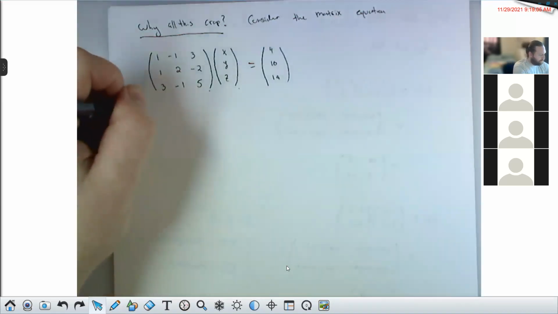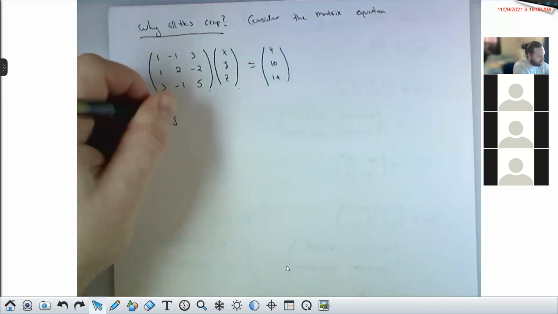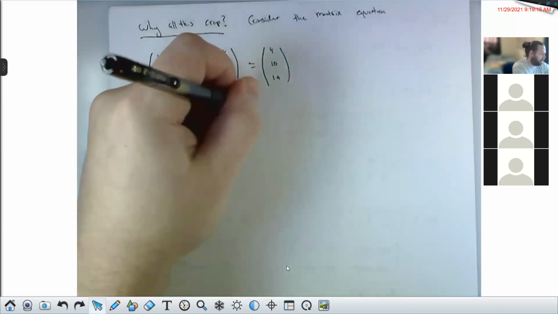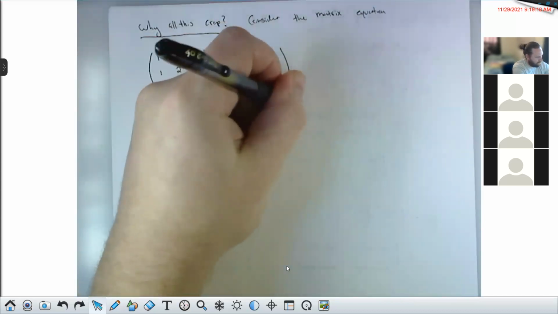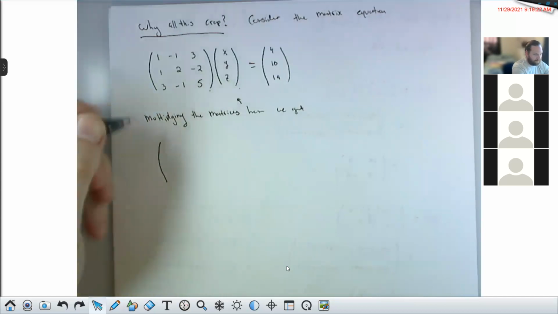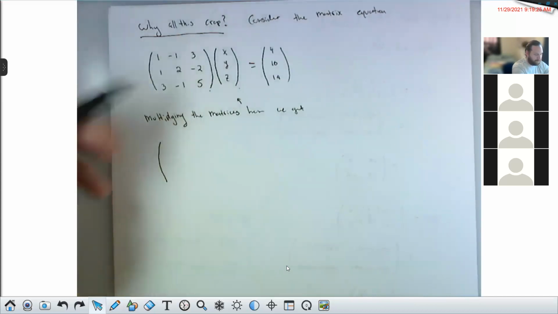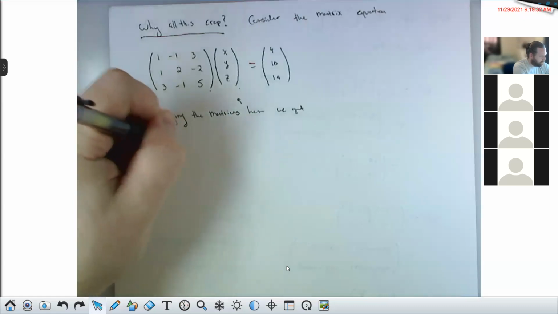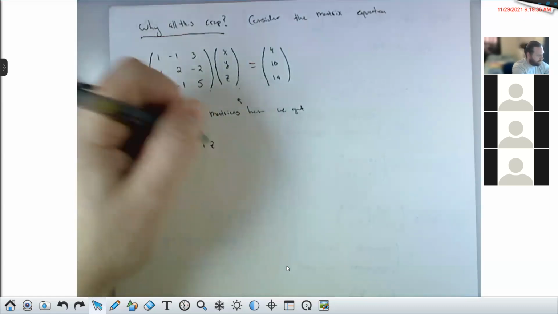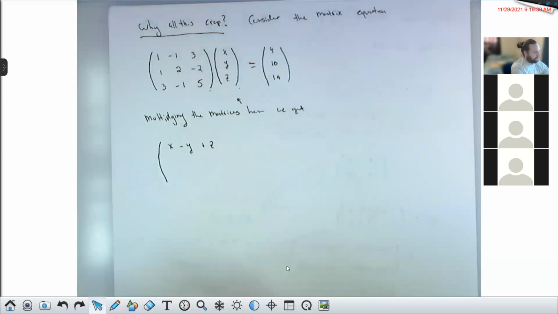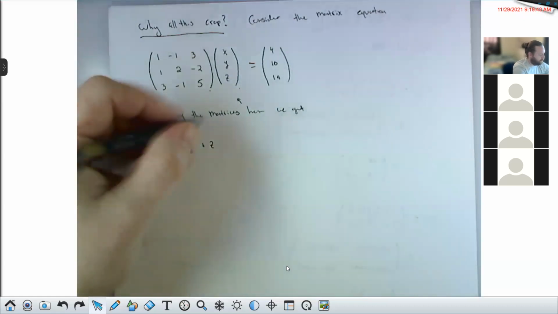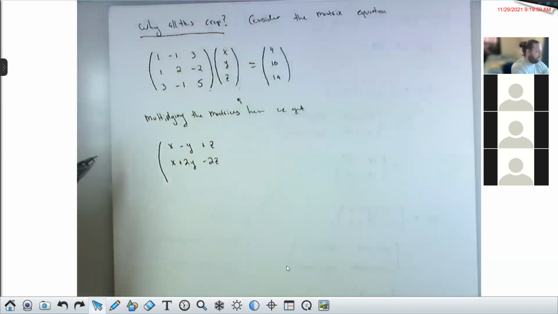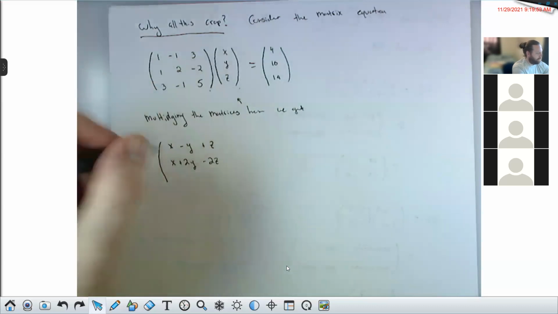If we multiply out the matrices on the left, we get a new matrix, which is a 3 by 1, whose entries would be 1x plus -1y plus 3z, in other words, x minus y plus 3z in the first entry; 1x plus 2y minus 2z, or x plus 2y minus 2z; and 3x minus 1y plus 5z.